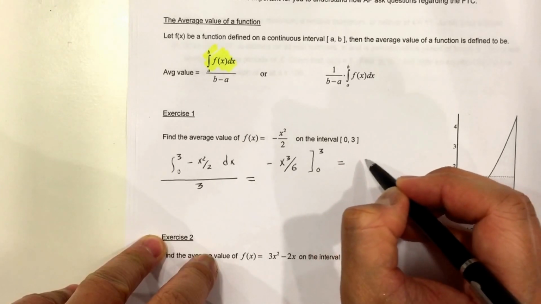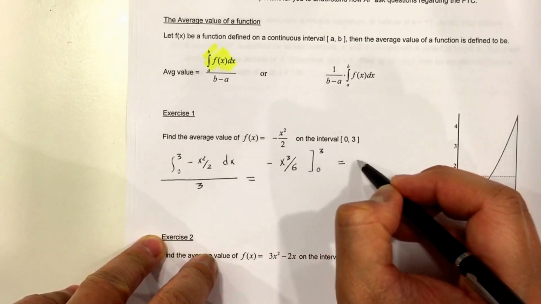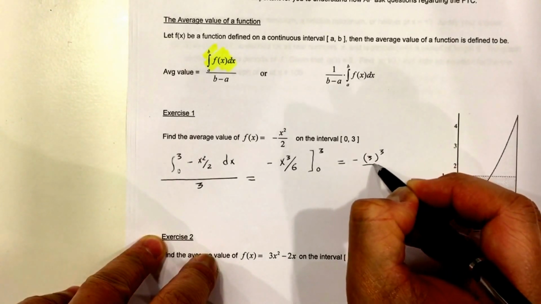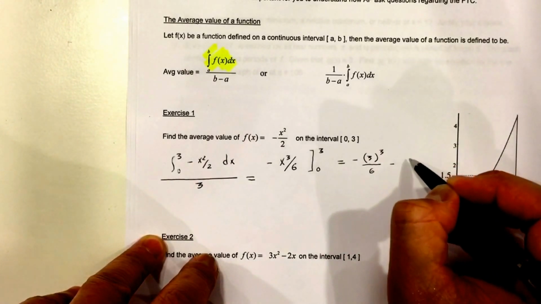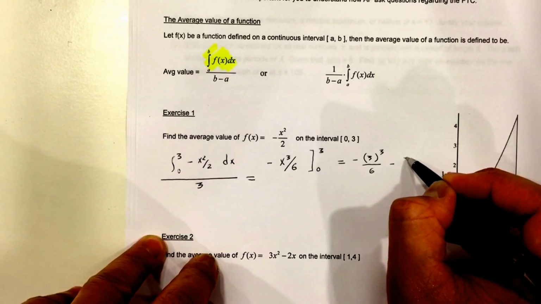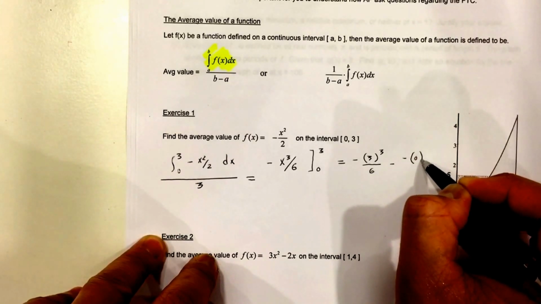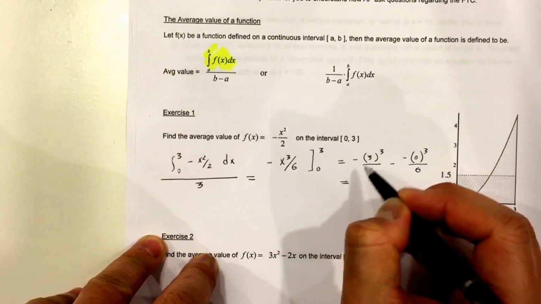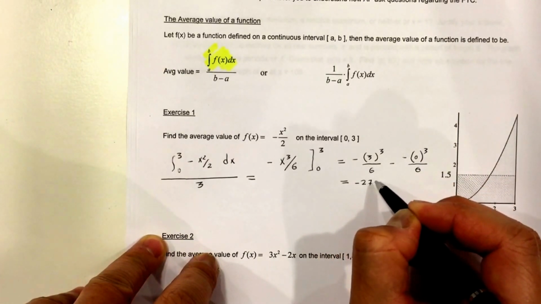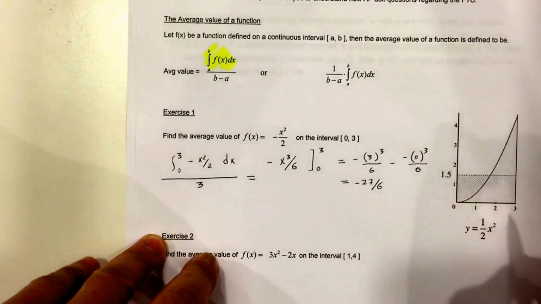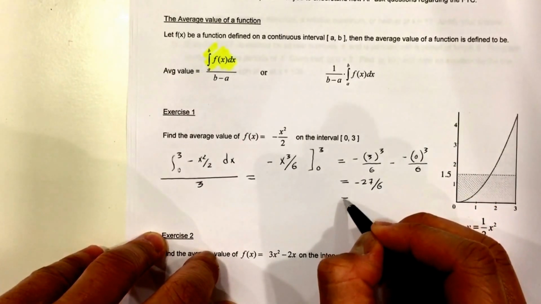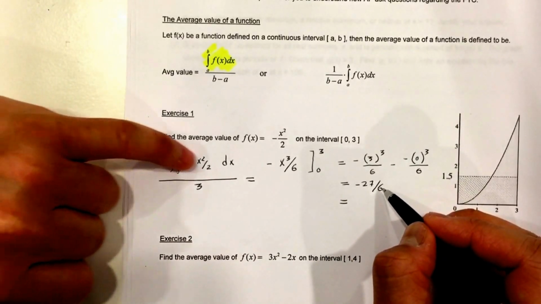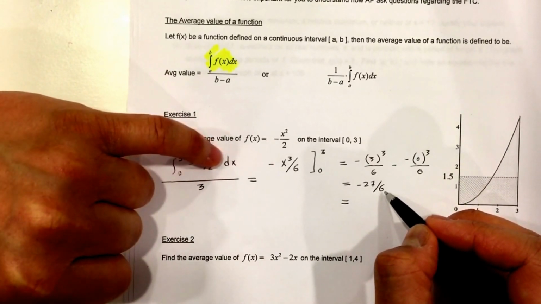So this equals, plug 3 in there, and then you subtract, and then there was a negative there before, thus you get negative 27 over 6, and that is the total net change of that integration.